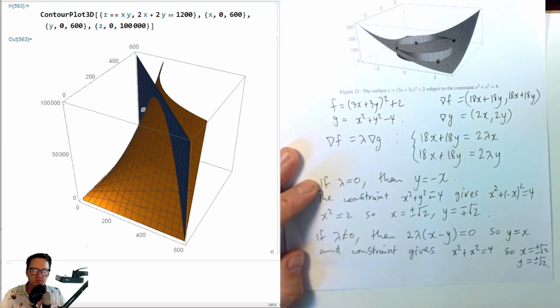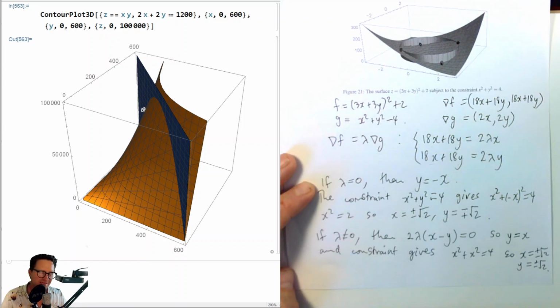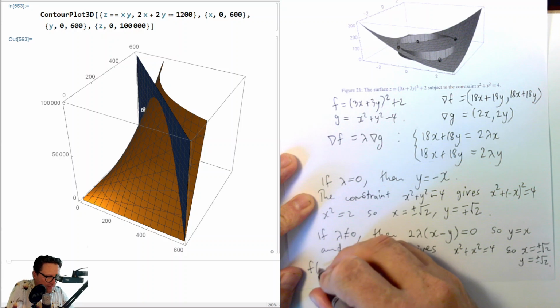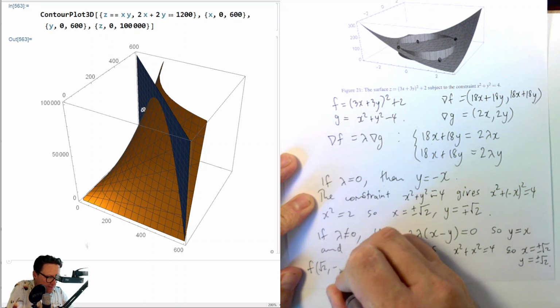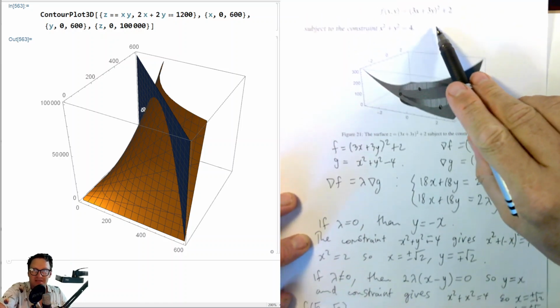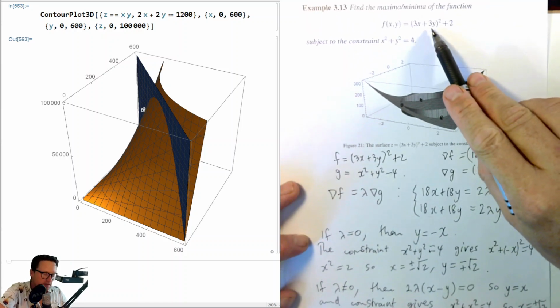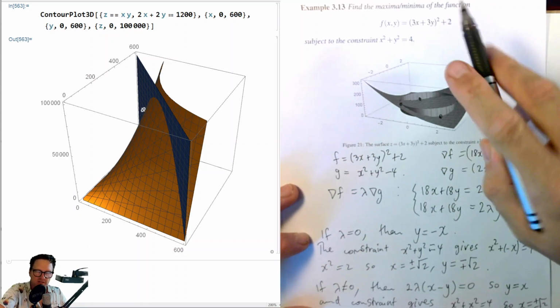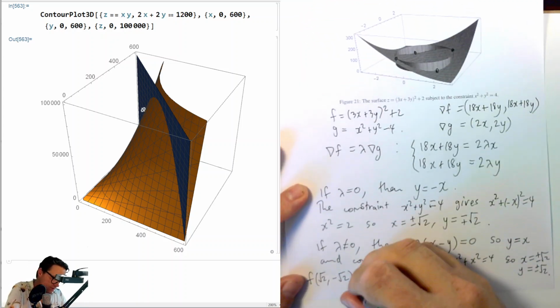So now what we do is we just evaluate those points in the function to see which ones are bigger. So f of root 2, minus root 2 is, now subbing that into here, we've got 0 inside the square, so 0 plus 2 is 2.